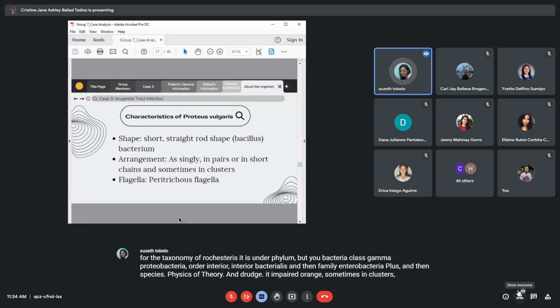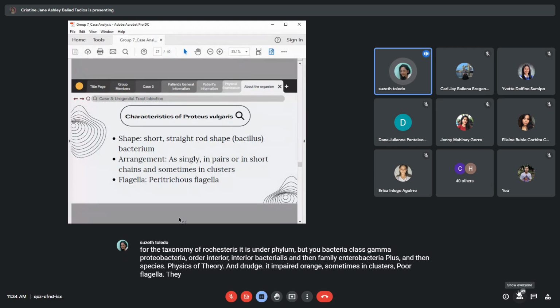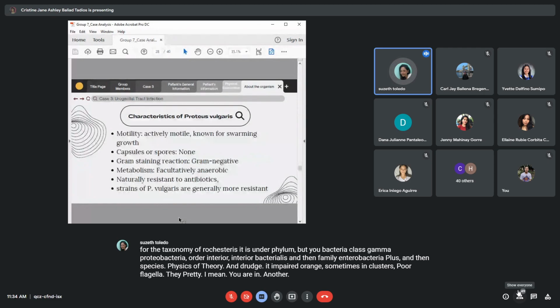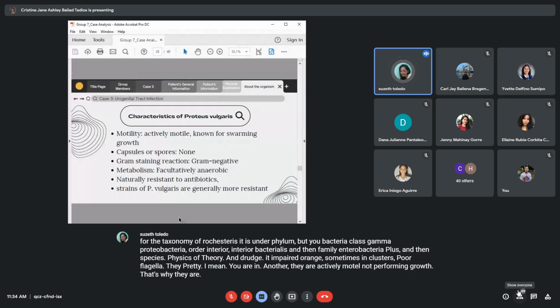For flagella, they are peritrichous. They are actively motile, with swarming growth. That's why they are motility test positive. For capsules or spores, they have none.